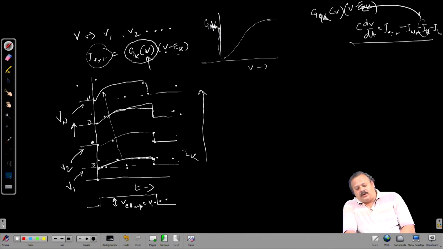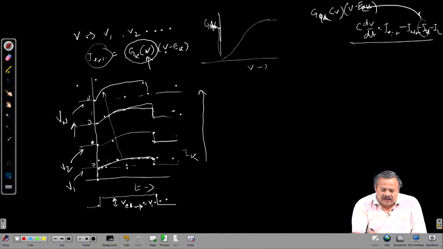Similarly, for the sodium currents again, if we have the sodium currents here, it is small here actually.